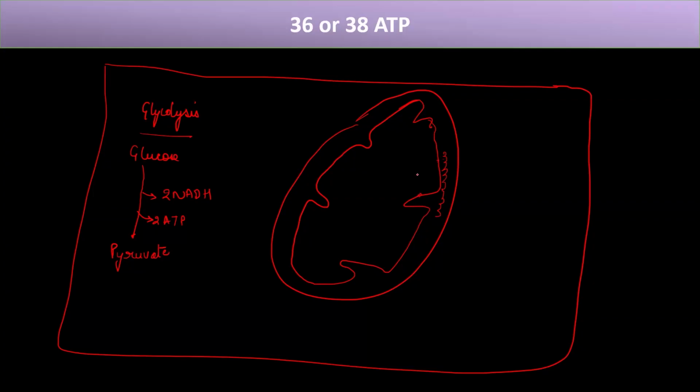Here we have F0, F1 particles. Which means that this NADH that is formed should get transported into the mitochondria. Now, the second problem is that mitochondria have 2 membranes. So how would this NADH get passed through these membranes?